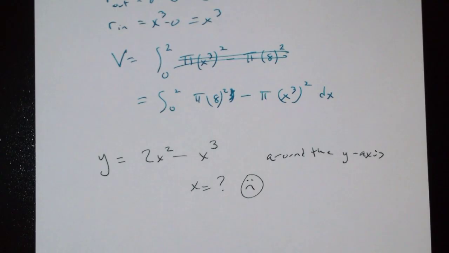I don't know how to do that. So I'd really rather not do it. Well, if that's the case, then I can't use discs. I can't use washers. I need another way to cut up my shape.